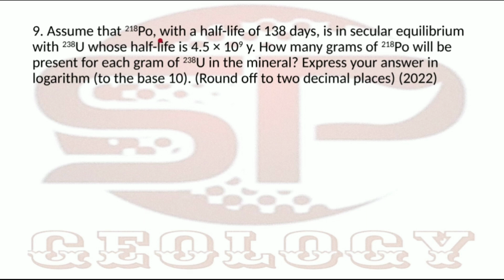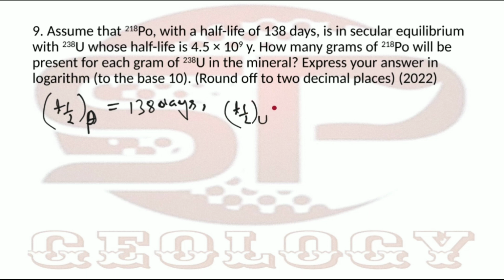Then assume that polonium 218 with a half-life of 138 days. We will take P half for polonium; P is given as 138 days. This is in secular equilibrium with uranium 238, whose half-life T half of uranium is given as 4.5 into 10 to the power 9 years.